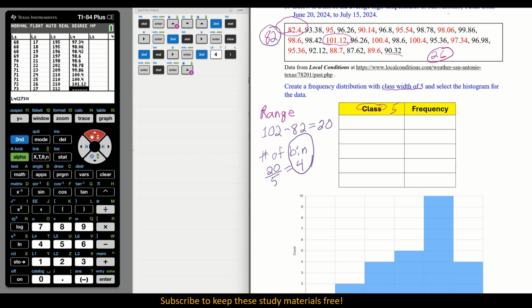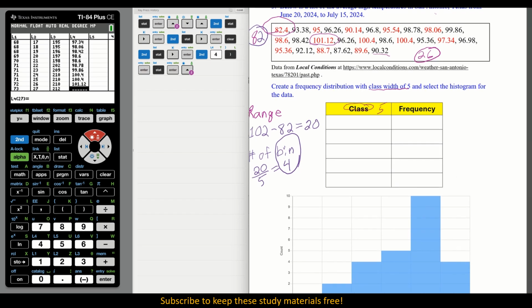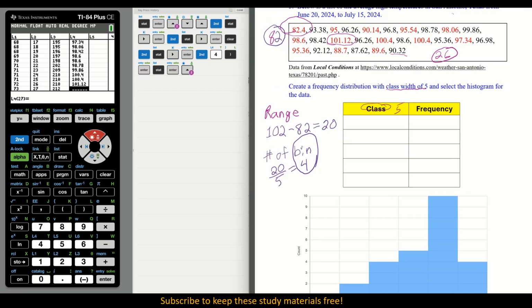Okay, so that means I need 1, 2, 3, 4 of them. And how are my bins? What are they going to look like? Well, let's scoot over. I know that they're going to start with 82. I know I'm only going to have 4 of them. So I'm going to put total here, just to gauge so we have all the numbers we need. So I am going to have 82 there. But I need 102 here.